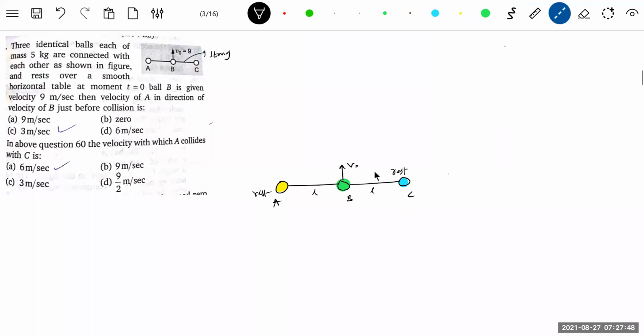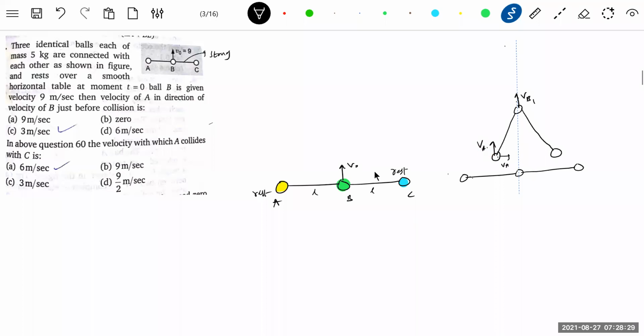Let me show the sequence of diagrams. You can try all these things at home; these are not something very big. Initially they are here. After some time, when this is moving here, this will have velocity VB1, this will have velocity VA1.